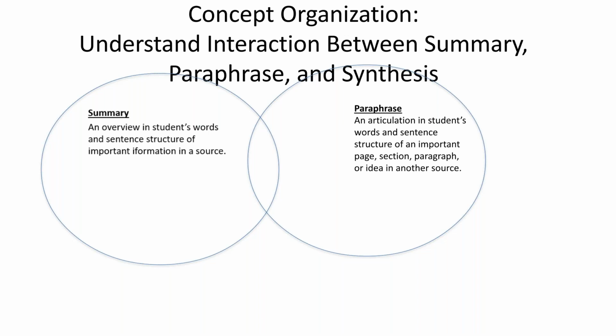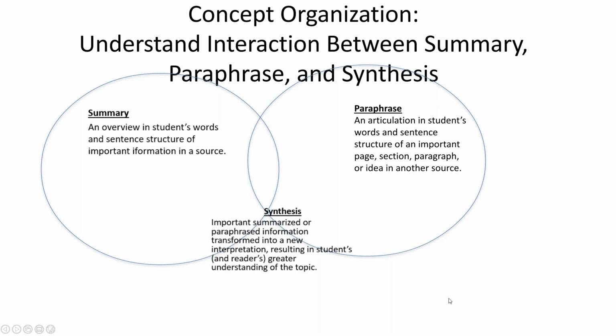Paraphrasing also goes a little bit further: we add in a little bit of analysis and a little bit of our connection to the other information. Summary is very isolated to a single source, but paraphrase is where we have an opportunity to connect ideas. I might be paraphrasing information from two different sources in the same sentence.